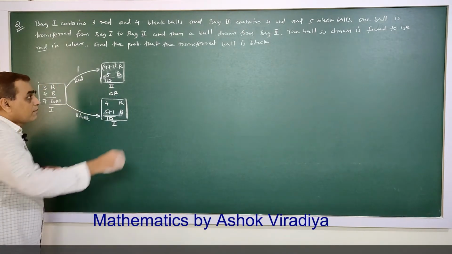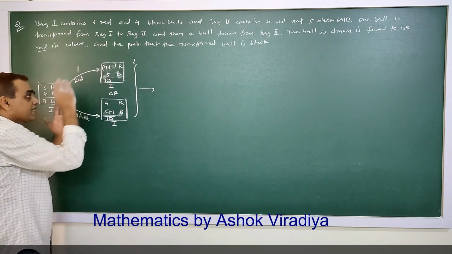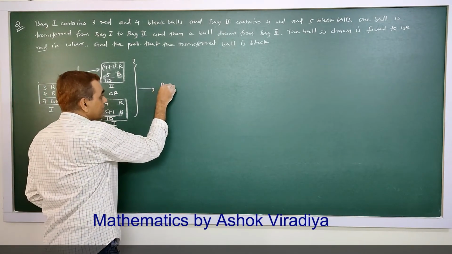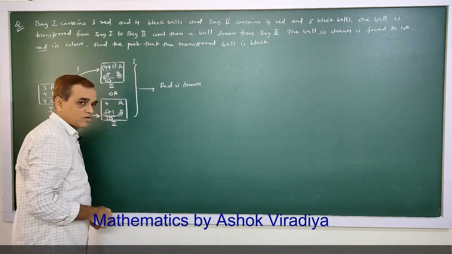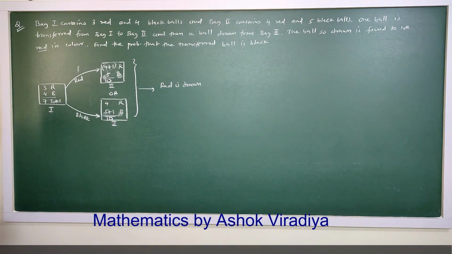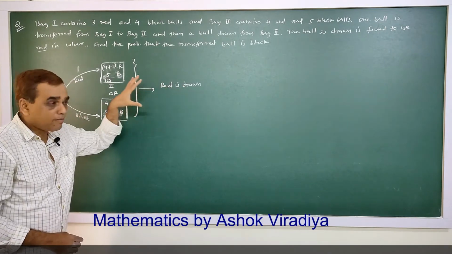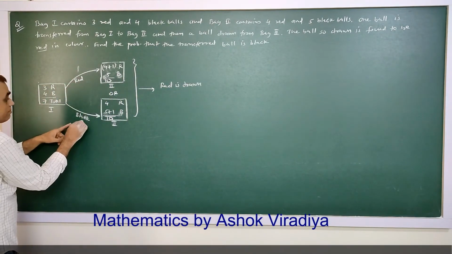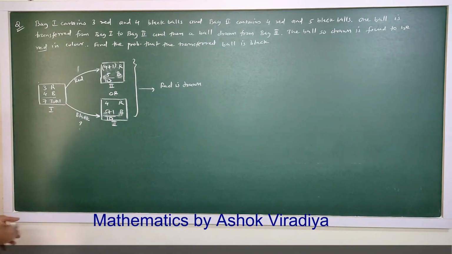After transferring the ball, now select one ball from this second bag, and a red ball is selected. Given that a red ball is drawn from bag 2, what is the probability that the transferred ball is black? So we are asked the probability of a previous event.